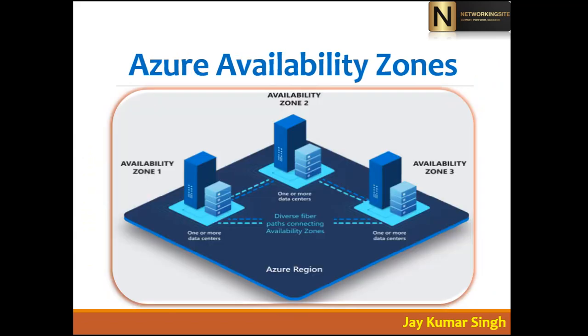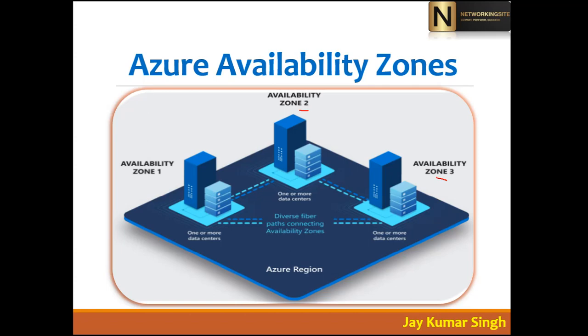Now, when we are talking about the Azure availability zone, in cloud services, regions are divided into three separate locations: availability zone 1, availability zone 2, and availability zone 3.